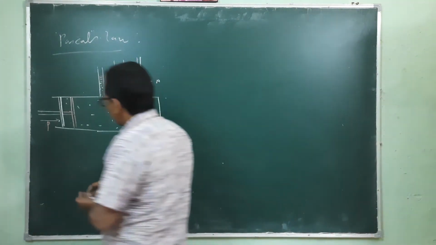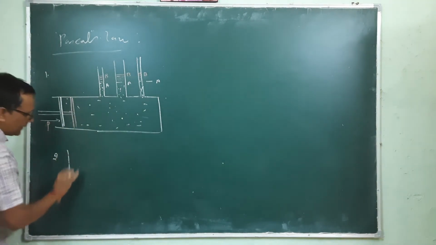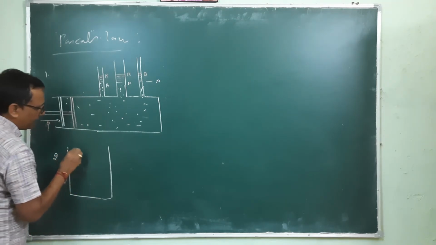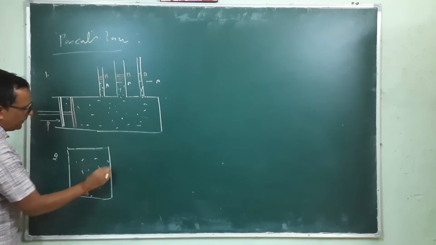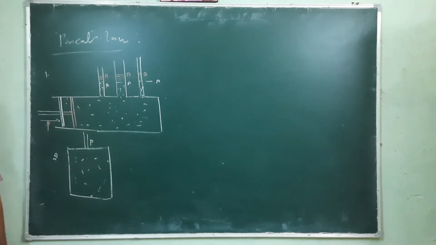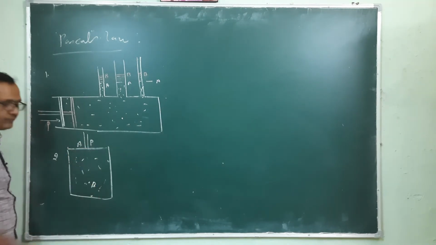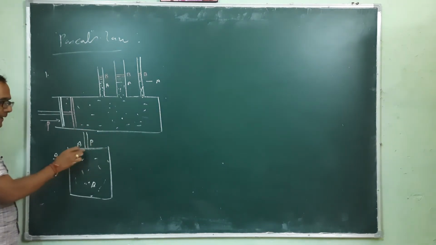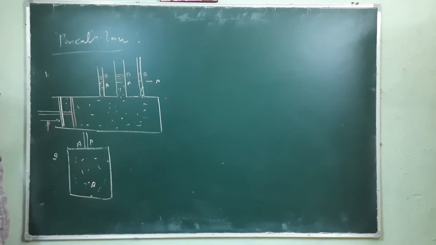Second, third experiment we have. This is the first one. Second, if this is that liquid container, and we are applying force pressure here, and this is point A, and this is point B. If this pressure P is applied here, this pressure is identical here.